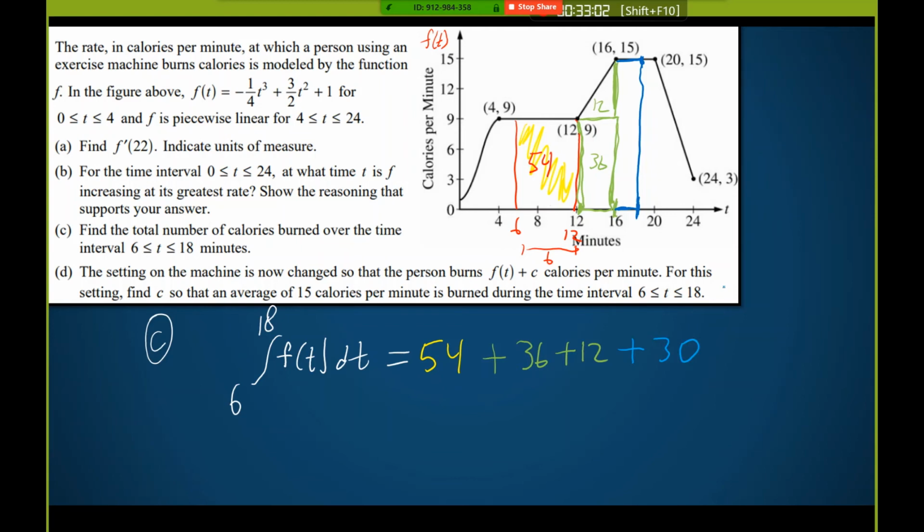So I'm going to add all of this up, and we should get our estimate for the integral. So if I add all of this up, I've got, let's see, the 36 and the 30 is 66, plus the 54 is 120, plus 12. I had the 54, that's right.